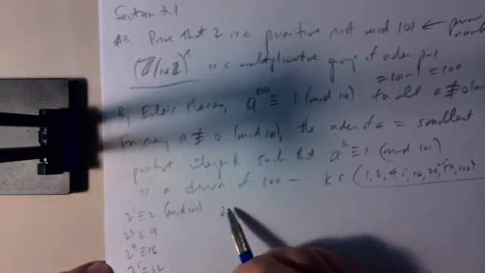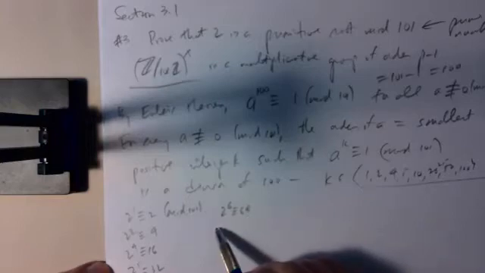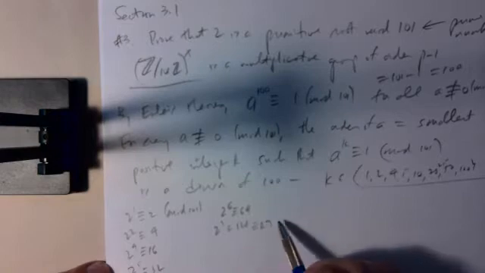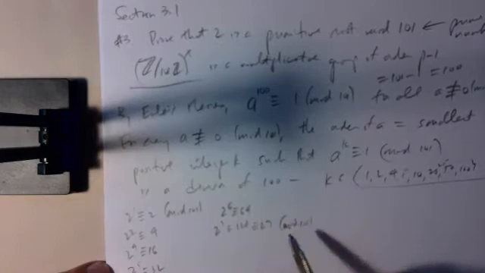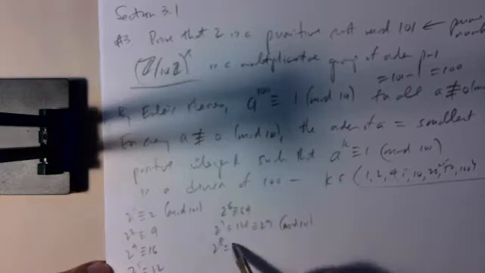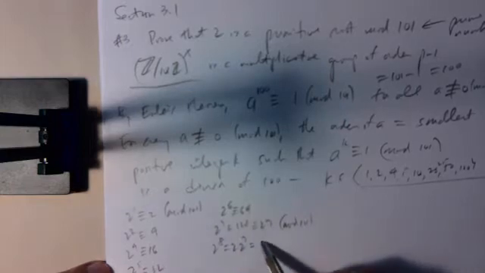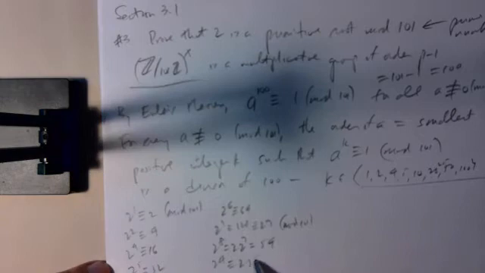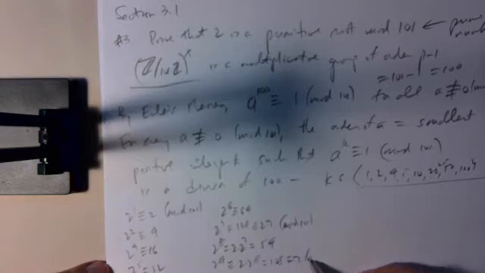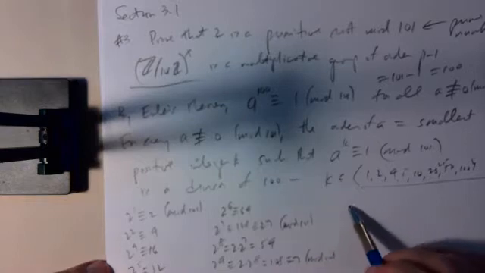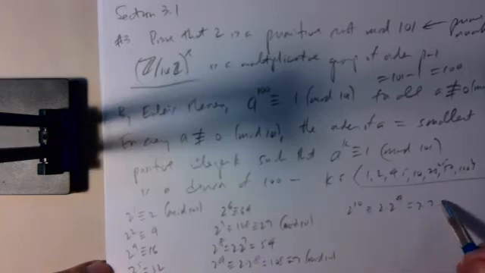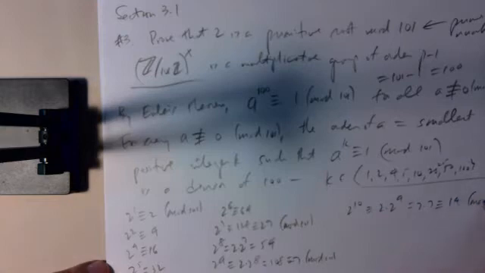Let's see. 2 to the 6th is 64. 2 to the 7th is 128, which is the same as 27 mod 101. 2 to the 8th is 2 times 2 to the 7th, which is 54. 2 to the 9th is 2 times 2 to the 8th, which is 108, which is 7 mod 101. So 2 to the 10th is 2 times 7, that's 14 mod 101.